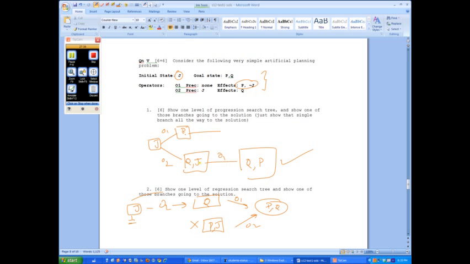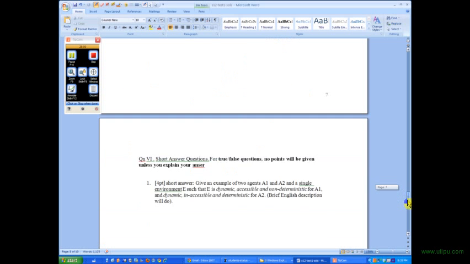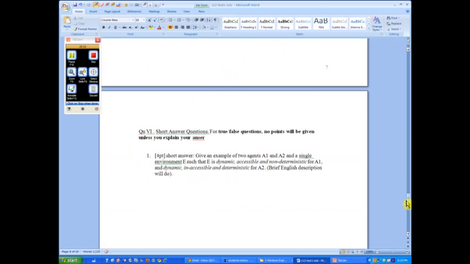Every positive literal has to be shown, and in the forward search, if something is not listed as positive, then it's assumed to be negative. On the other hand, in the reverse search, you need to show everything, because in some sense it's a regression state, a partial state. So if it's not present, normally you only assume that you don't care about it.